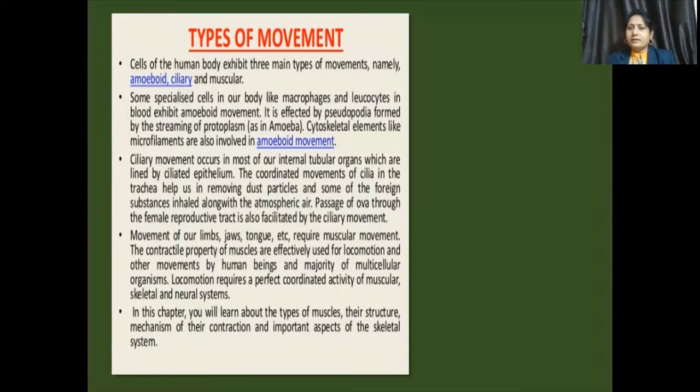That means that the cell or organism shows amoeba-like movement. Okay? So examples of amoeboid movement: the first example is amoeba. Amoeba is a microscopic organism which mainly shows locomotion or movement with the help of pseudopodia.